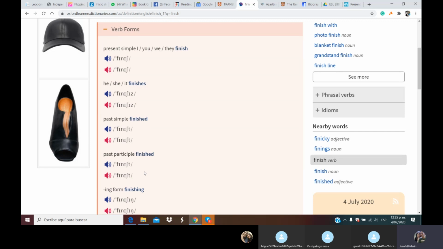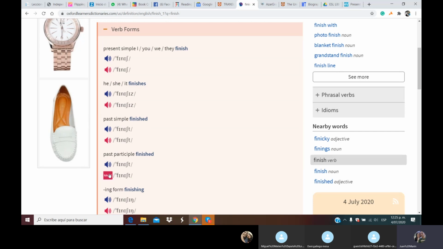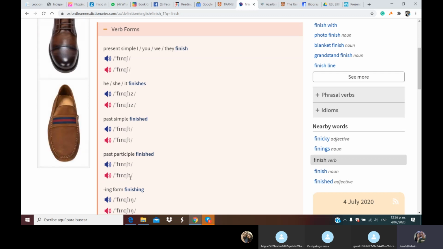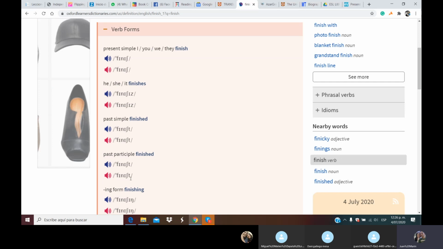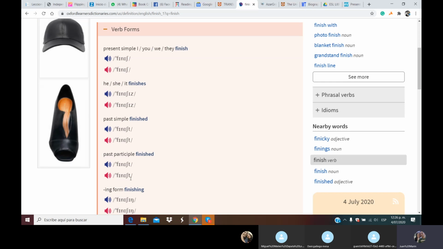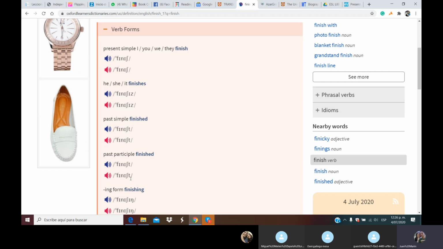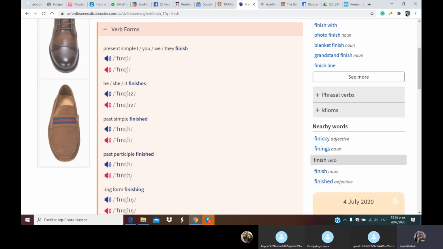They are the same. Finished. Look, we have the T sound here. So it is important to study the verbs, to listen to the pronunciation of these words that are not very familiar to us.